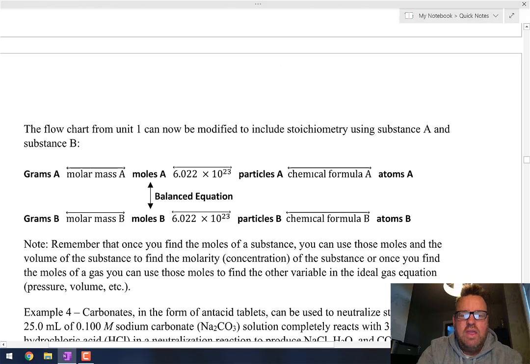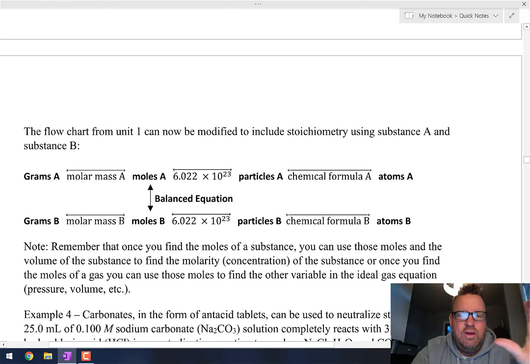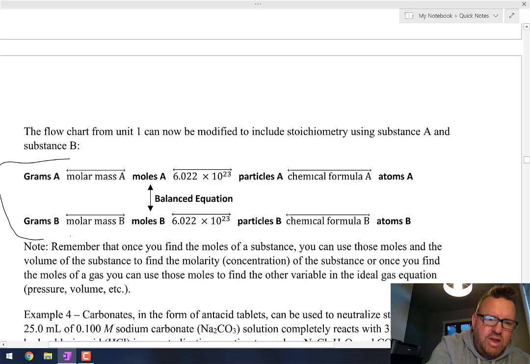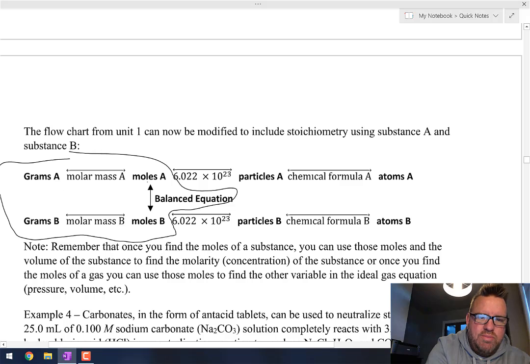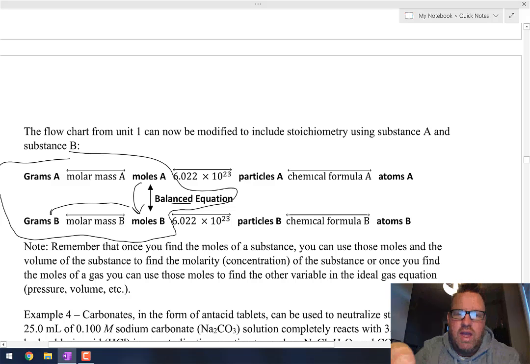Okay, so here is just a kind of, I don't know, a little map you can follow. What we've just done right here is this. We just went grams to moles, and then using the balanced equation, we went from moles of A to moles of B, and then back to grams. But remember that you can always have those particles in there, molecules, formula units, atoms, etc., using Avogadro's number.